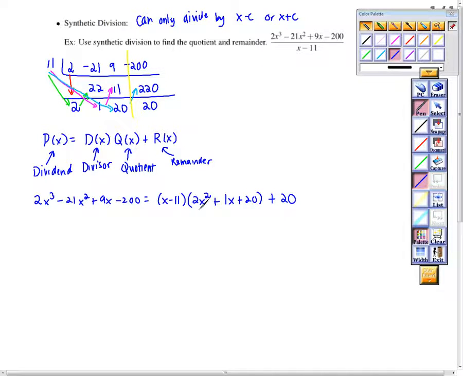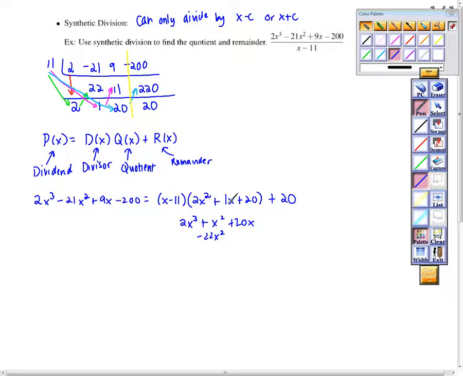Okay, and you take a second and you FOIL it back out and see if it's true. So this is x times 2x squared. That's 2x cubed plus x times x is x squared, plus x times 20 is 20x. Then we do a negative 11 times all three pieces. Negative 11 times 2x squared is negative 22x squared.